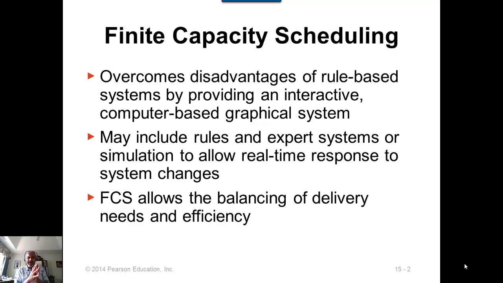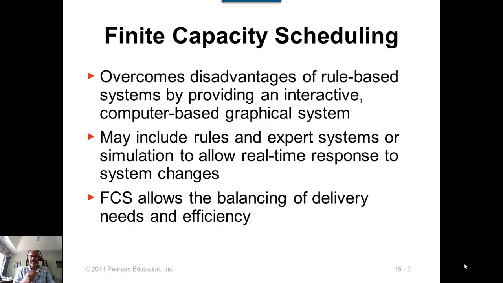It is a comprehensive computerized system where you can try different combinations of scheduling, or what-if type of analysis, and you will have some expert systems and simulations that you can do in real time to decide which job should be taken up first instead of simply adhering to an EDD rule or an SPT rule. You look at the entirety of the shop floor, and this is possible because of the power of the computers that we have these days.